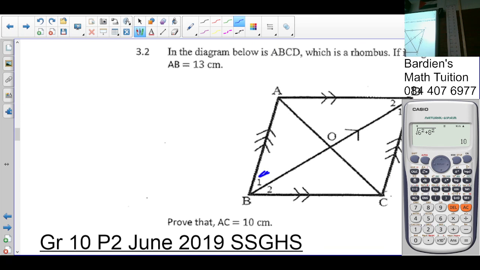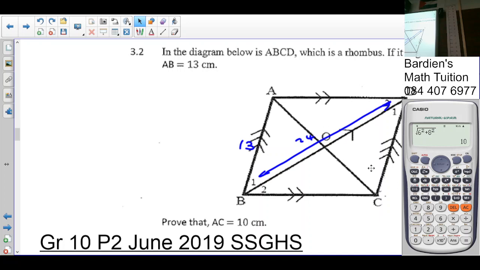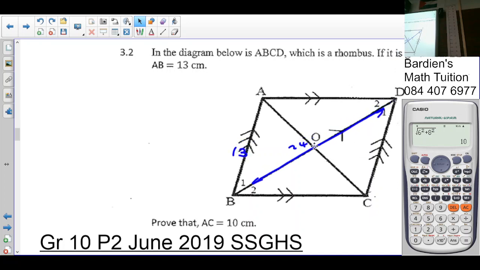Prove that AC is 10. You need to prove that AC is 10. But by looking at this, what do we notice? We know that we can use Pythagoras somewhere.